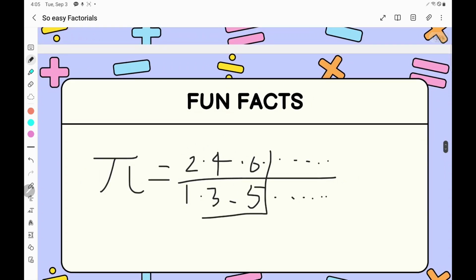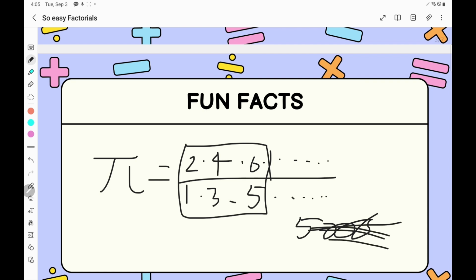If we just do this much, it's not actually close, because we need to do it about 5,000 times to get really close to the exact pi. This is probably by John Wallis from England.